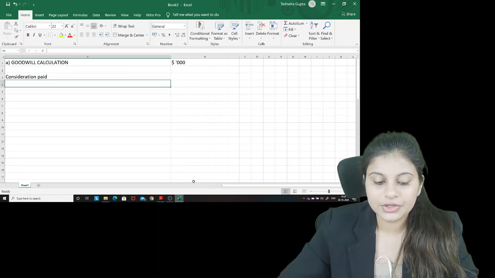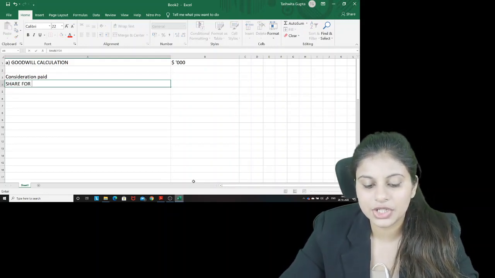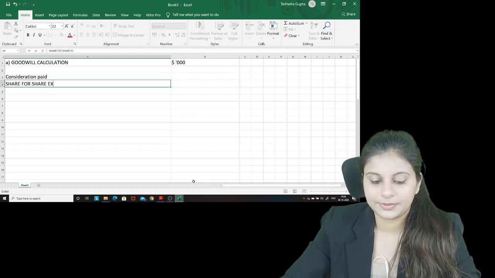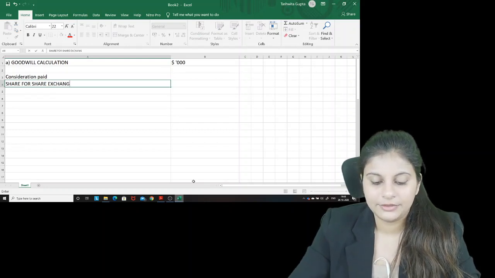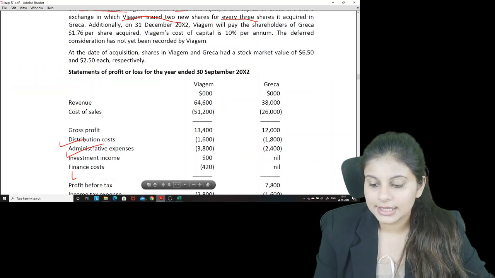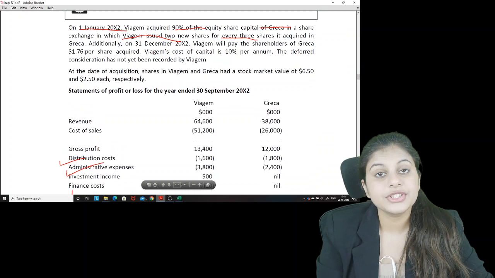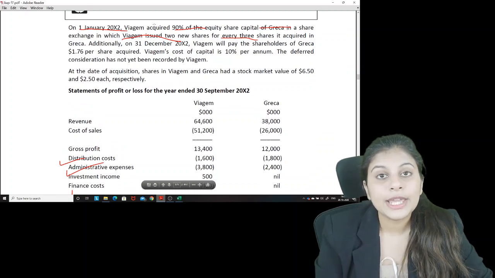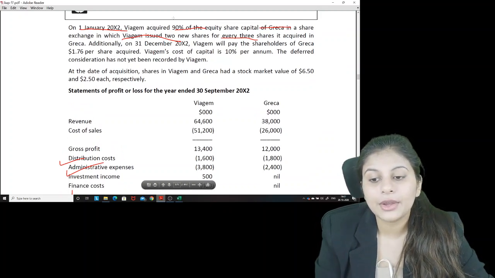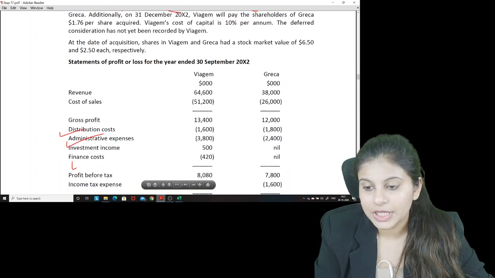So the consideration paid, first of all, I read it in the first line, it was share for share exchange, where they are saying, if we go to the question again, read this, on 1st January 2002, we acquired 90% of the equity share capital. And what is the equity share capital of the subsidiary G?